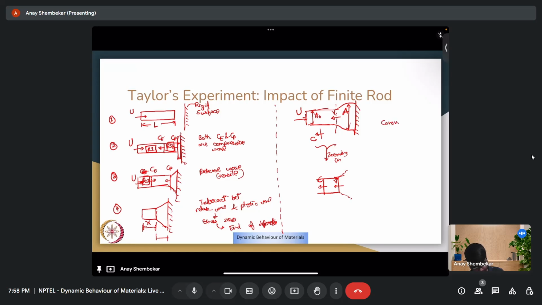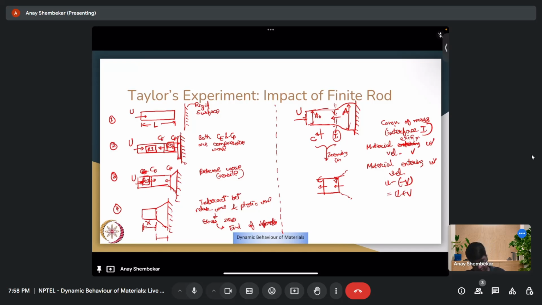Using conservation of mass, we can see that at this interface I, there is some amount of material exiting with velocity v on the right hand side, and material entering with velocity u minus v, so like relative velocity, which is u plus v.